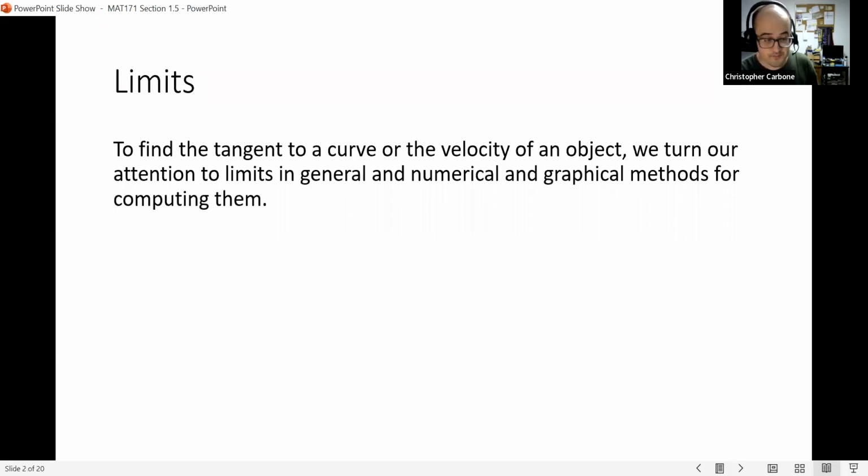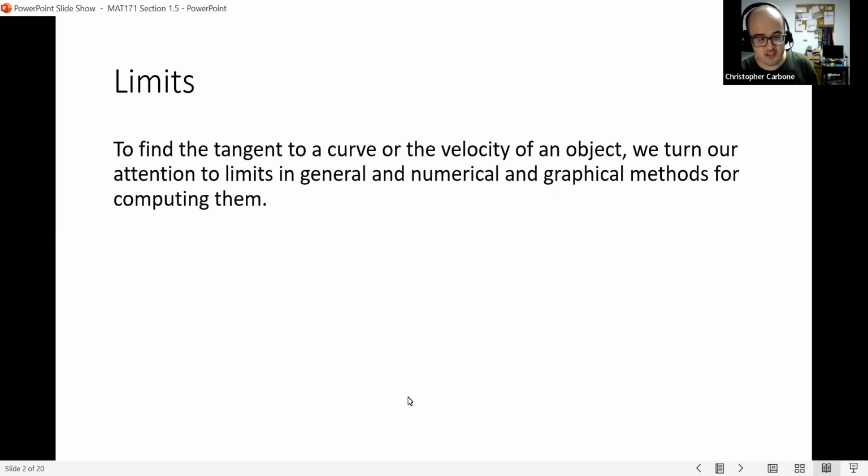a limit. This is where we want to find the tangent to a curve or the velocity of an object, for example, when it comes to the applications we are eventually going to be looking at.